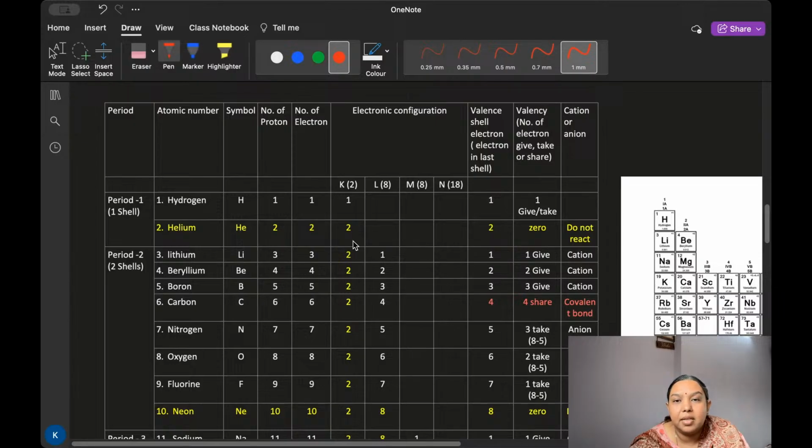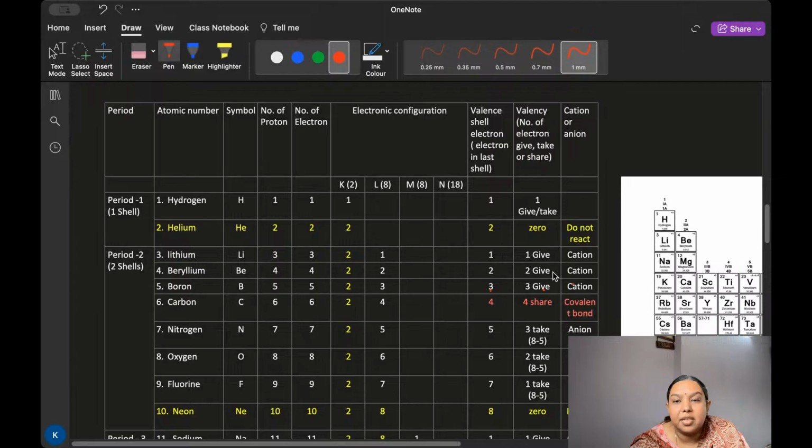Helium in the valence shell, or the outermost shell, has two electrons, so its valency will be 0. It does not react. Then elements which have 1, 2 and 3 electrons in their outer shell, the valence shell, give away their electrons and they become cations.